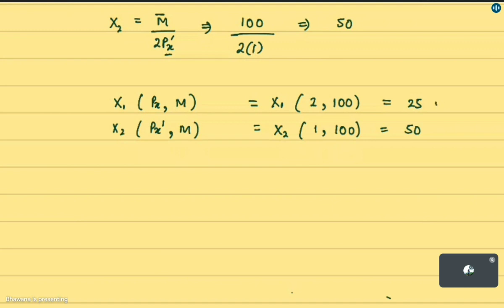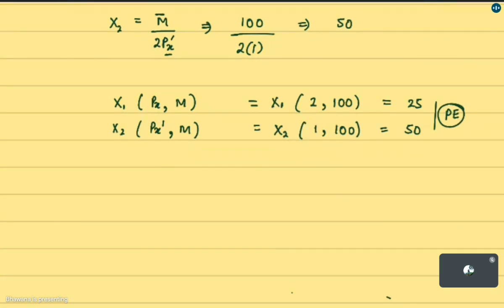So this movement from 25 to 50 is represented by the price effect. That is, आपका price 2 रुपए से fall करके 1 रुपए गया, आपकी quantity demanded change हो गई 25 यूनिट से. 25 था earlier consumption और जो बढ़ के हो गया 50.